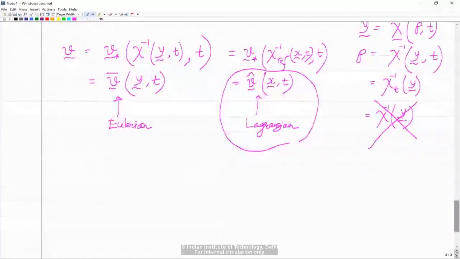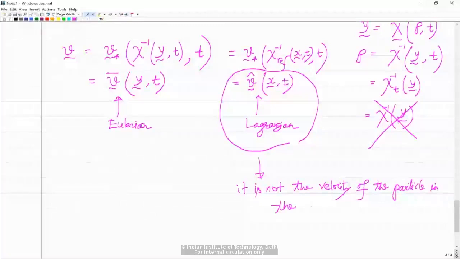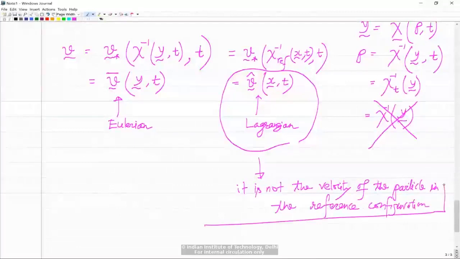So I'll just mention that it is not the velocity of the particle in the referential configuration, in the reference configuration. Okay, please be very clear about this.